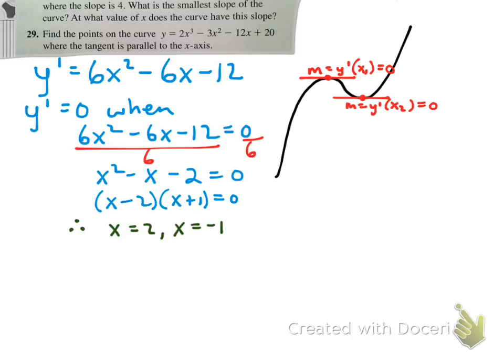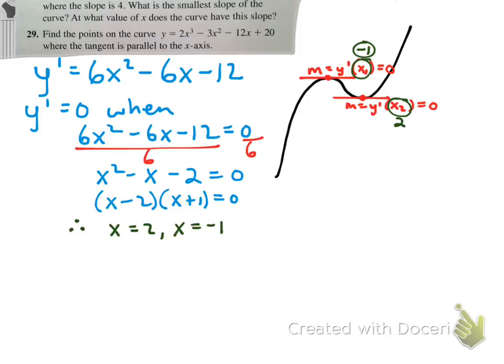So we know the slope of the tangent line is 0 when x is equal to 2 and negative 1. So this guy right here is x equals negative 1, and over here is the x value of 2.